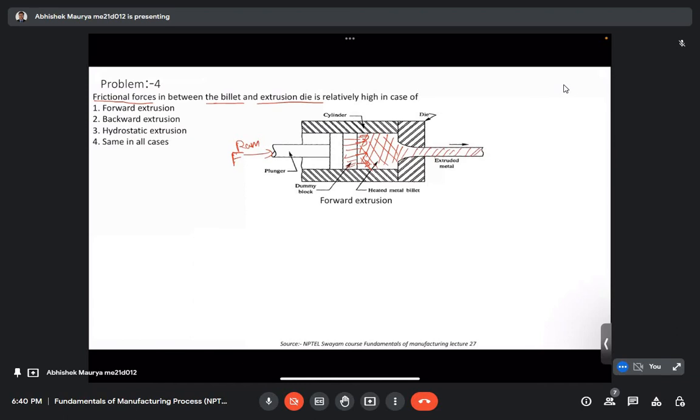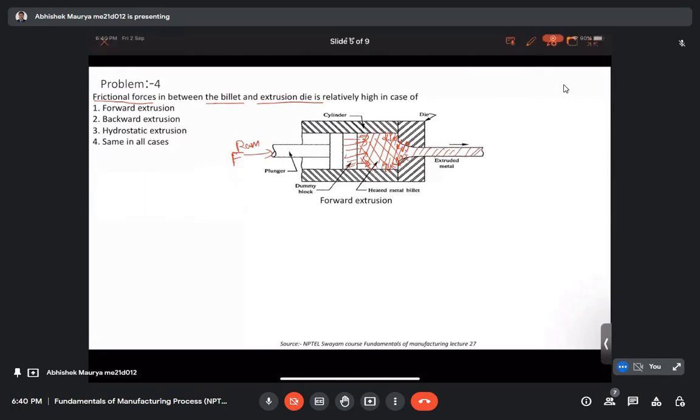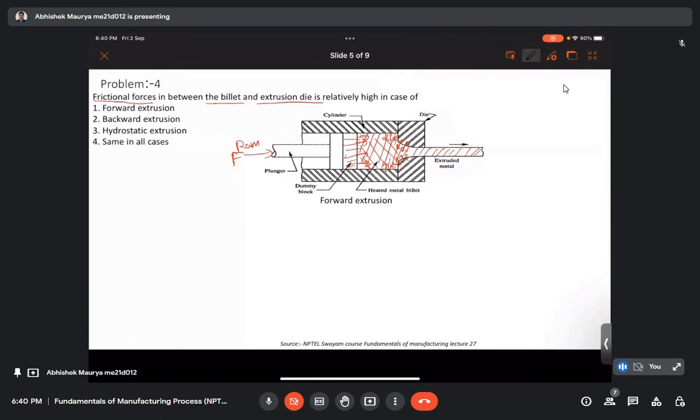because of compressive forces it tries to deform, and it tries to deform with the help of the die, and basically the material will experience reaction forces from all sides, and wherever it finds the space it tries to flow in that direction.